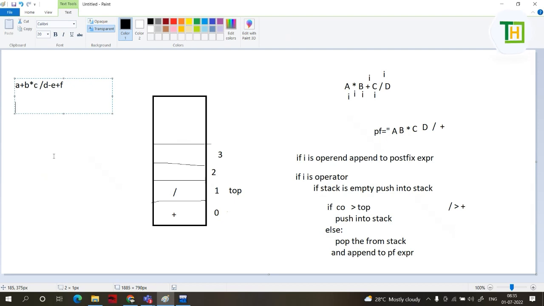Convert this infix expression into the postfix expression, or else I'm going to write divided by C star D star E plus F. Work on these two expressions. This is the algorithm. Nothing else. Everyone take a pic here, and the recording class is also available. If you did not take a pic, just go and listen again and try to work these two expressions.